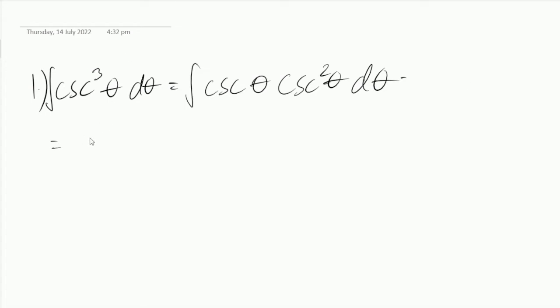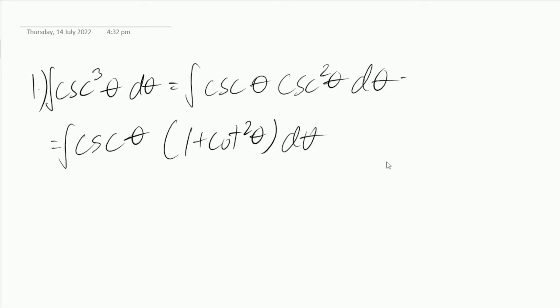It will become the integral of cosecant theta times 1 plus cotangent squared theta d theta.